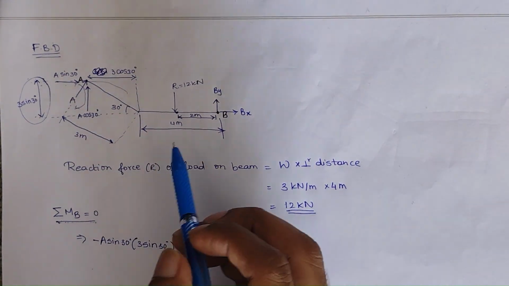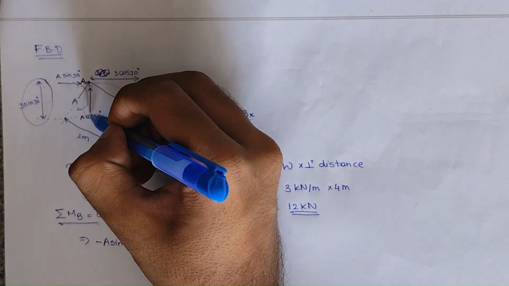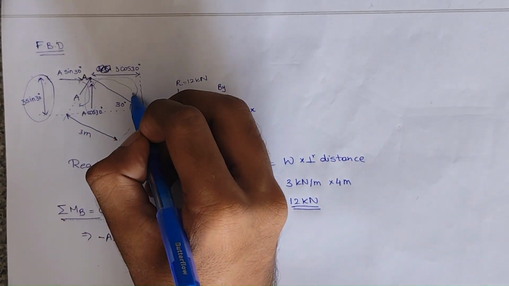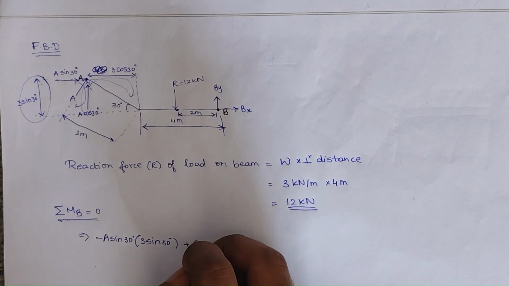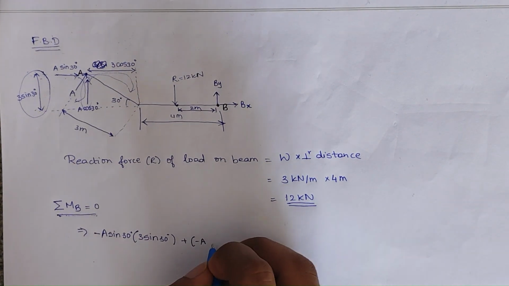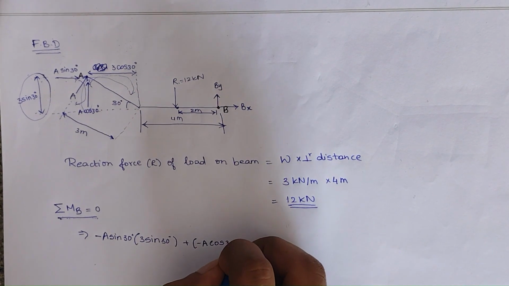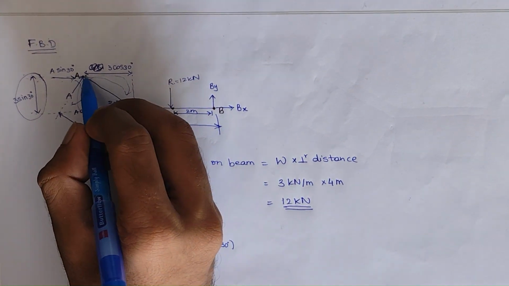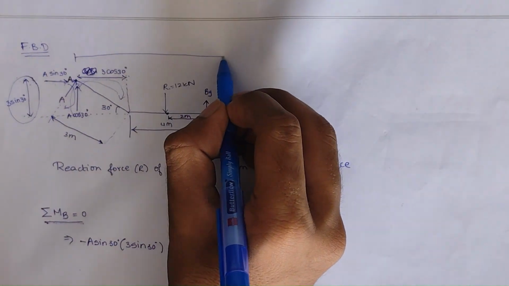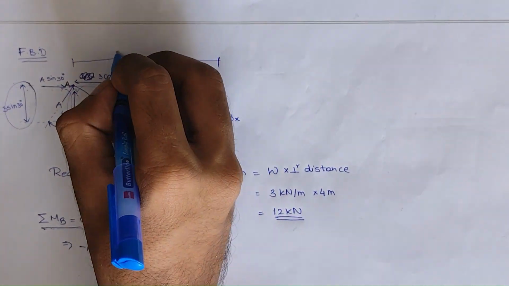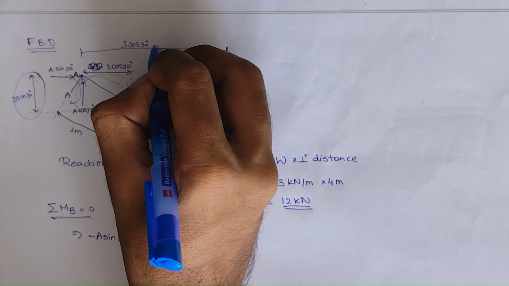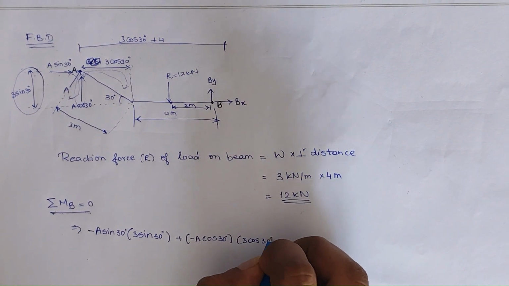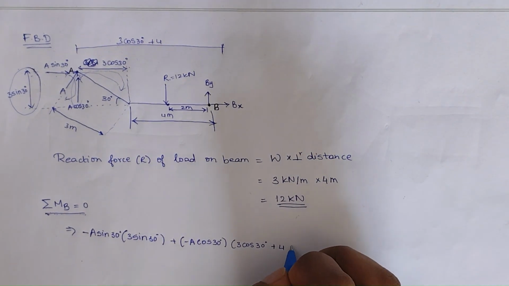Plus, now for this component A cos 30, this also goes in the clockwise direction, so it also becomes negative, and A cos 30 into its perpendicular distance, which will be 3 cos 30 plus 4 meter.